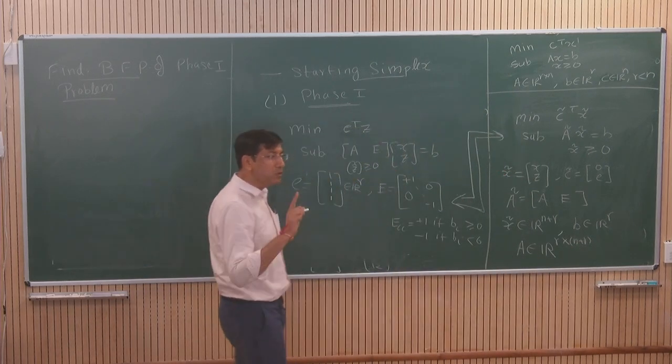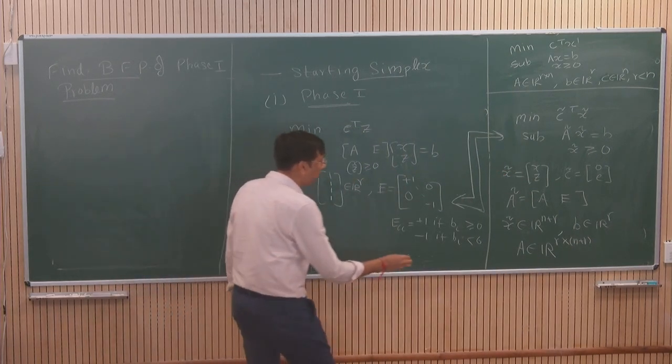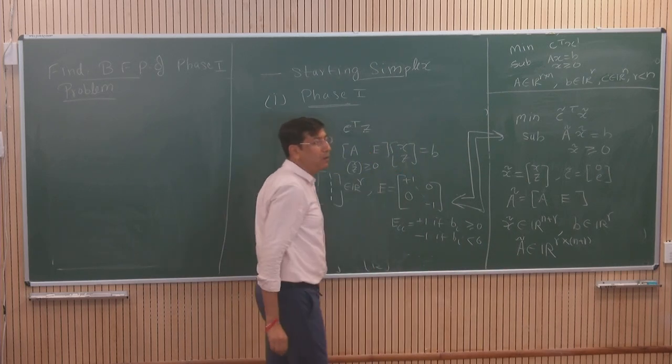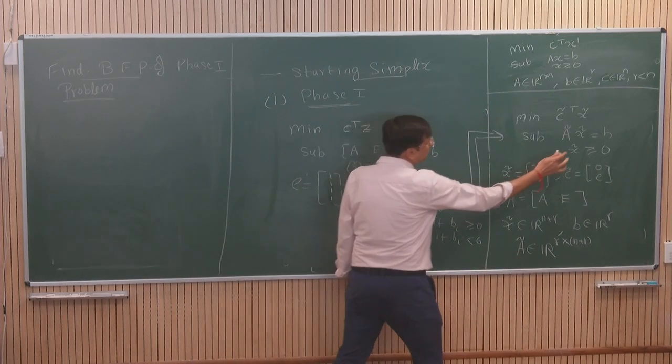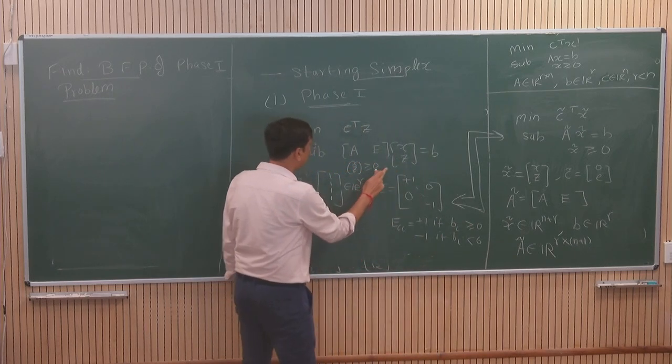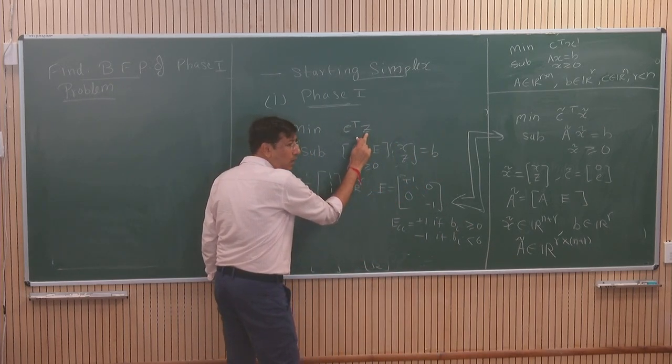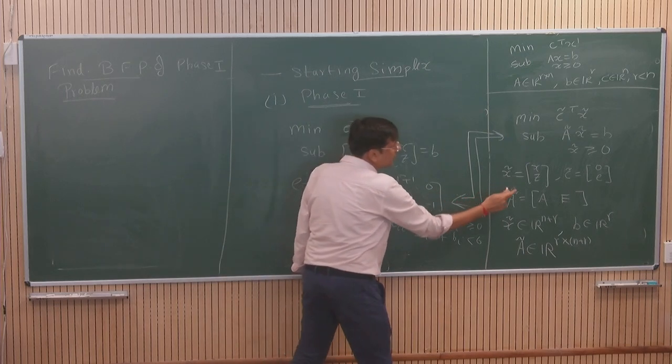The number of rows are the same, A tilde matrix, but the number of columns are n plus r because this is multiplied with x tilde. If you want to look at this here, this is still r, this is n plus r, this is r, and x tilde is n plus r.